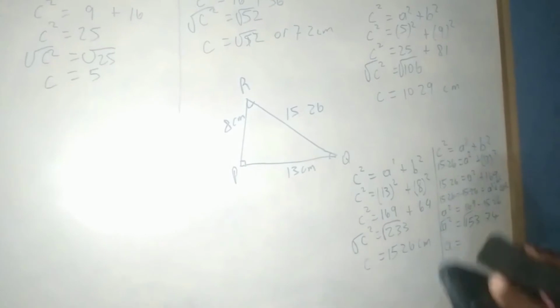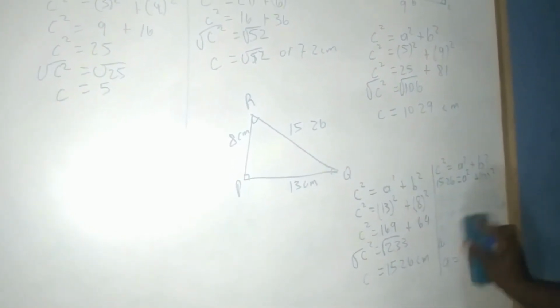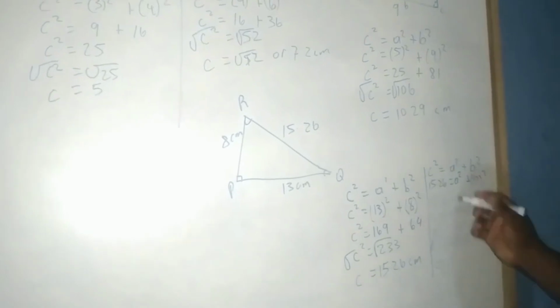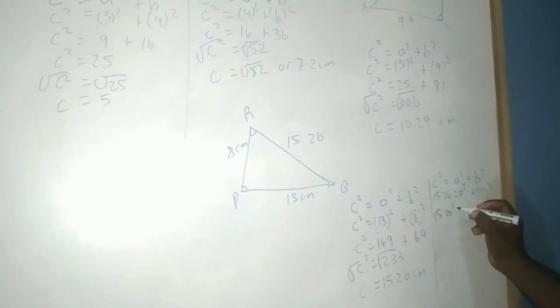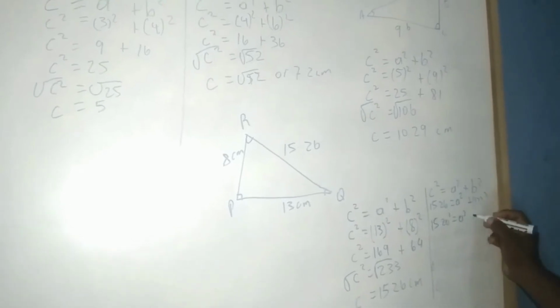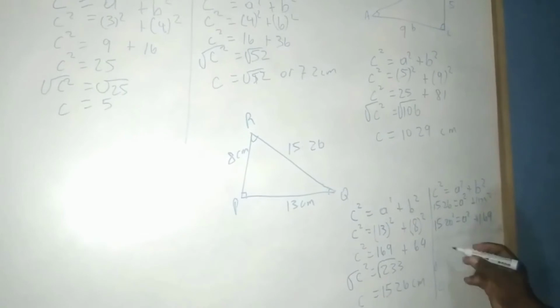Alright, so we made an error right here because the 15.26 also must be squared. So 15.26 squared is equal to a squared plus, right, square this side, 169, right?